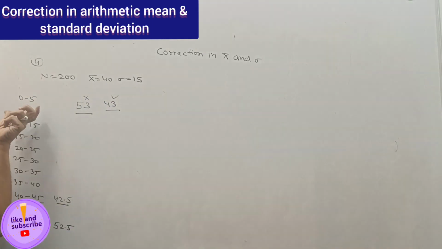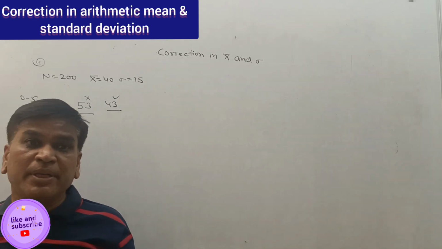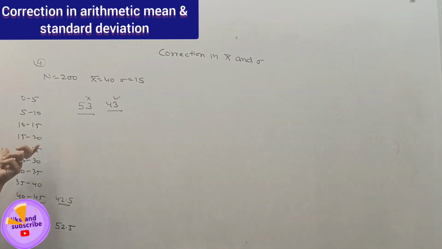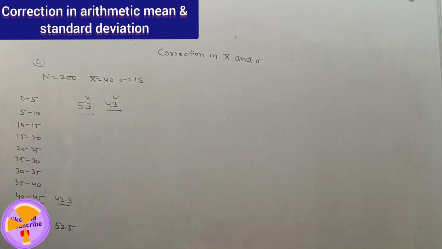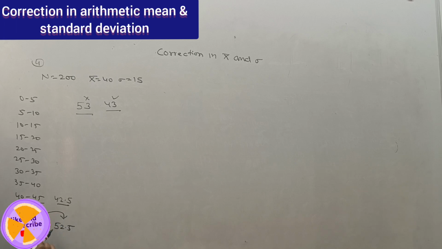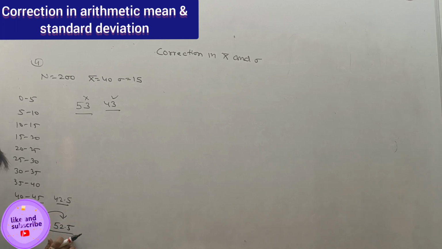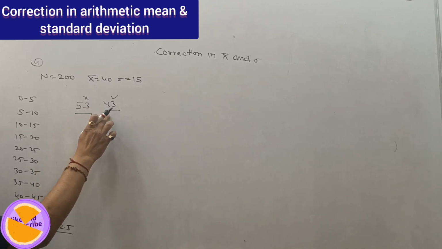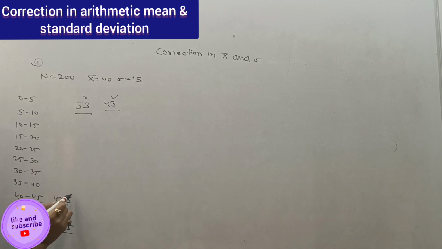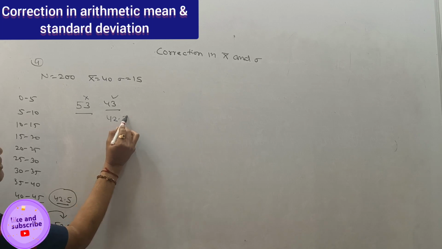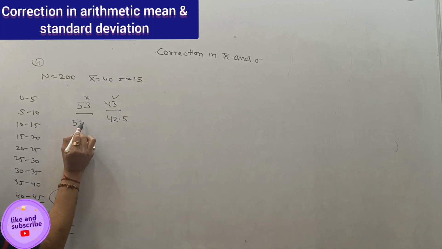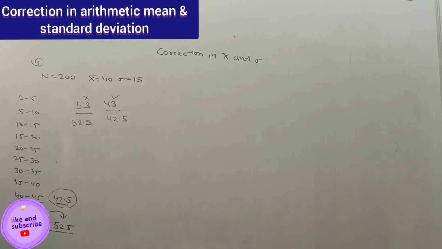Because this is a class interval problem, our 53 lies in this class, so 52.5 will be used for it, and 43 lies between 40 and 45, so 42.5 will be used.